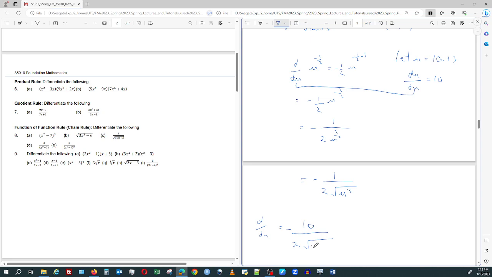U was 10x plus 3, all cubed. So we know that's going to cancel. So we get minus 5 over 10x plus 3. So there you go.